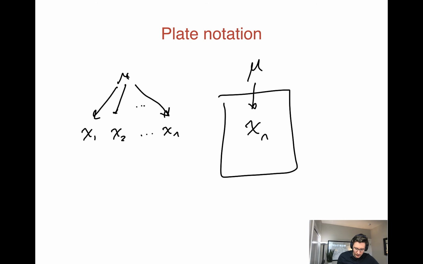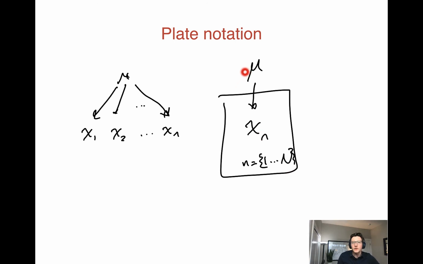So we might write n equals 1 ... big N here to say that this n takes values 1 up to N. So there's N copies of x from 1 to big N.